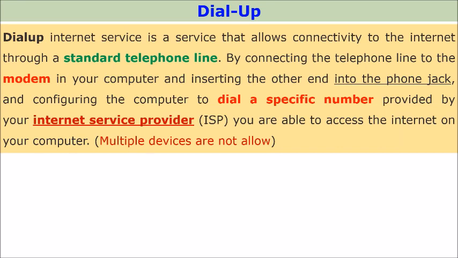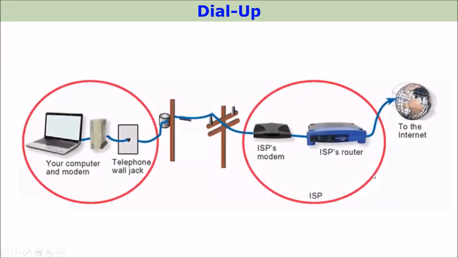Right, here look at the diagram. This diagram also explains this dial-up connection. Look at the diagram here. On the left side is your home: your computer and the modem. Look from the left, your computer and modem.